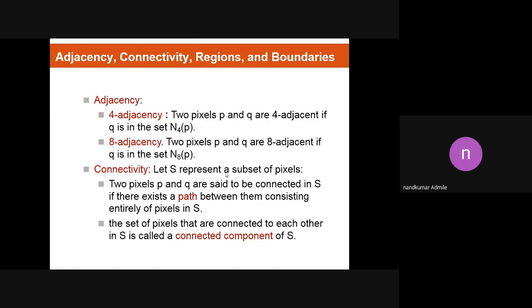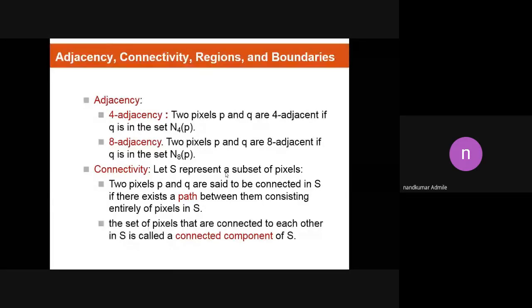So in adjacency we also represent the image using 4 adjacency or 8 adjacency. Now how to refer to it? When we take an example, a numerical, we can easily understand what 4 connectivity and 8 connectivity are. So adjacency and connectivity are the important parts to measure the distance between two pixels.